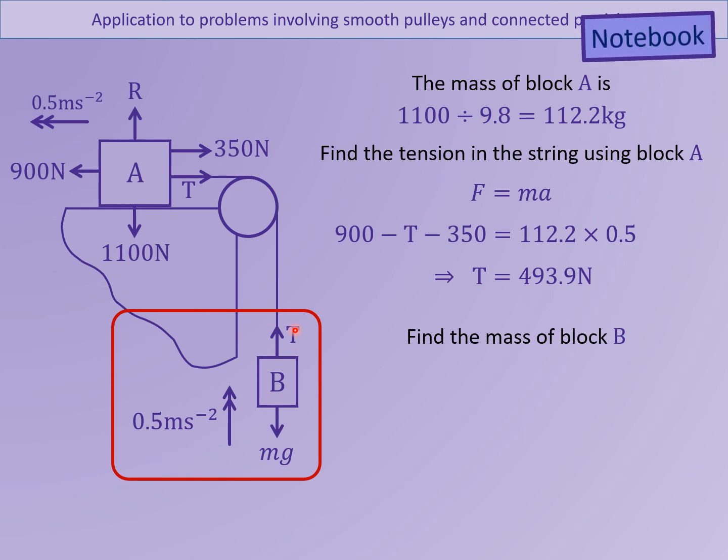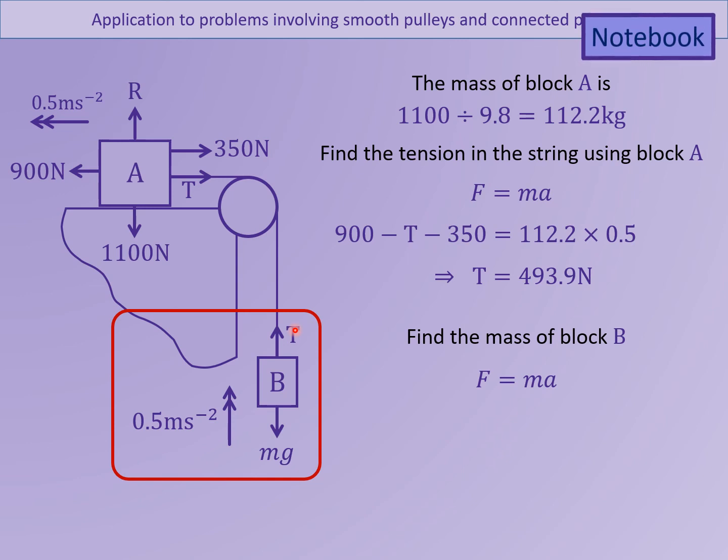We're now going to use this to help find the mass of block B. Again, we need to use F equals ma. We're going to take upwards as the positive direction because this is the direction that B is travelling in. F will be the forwards forces minus the backwards forces, or the positive forces minus the negative forces.